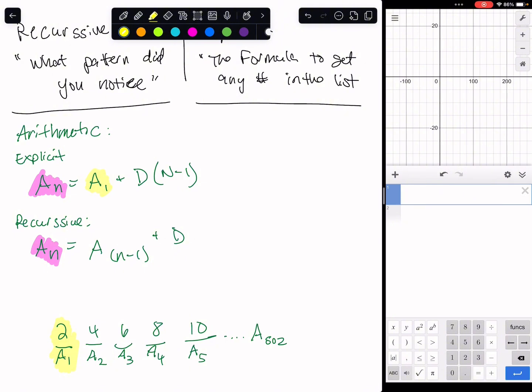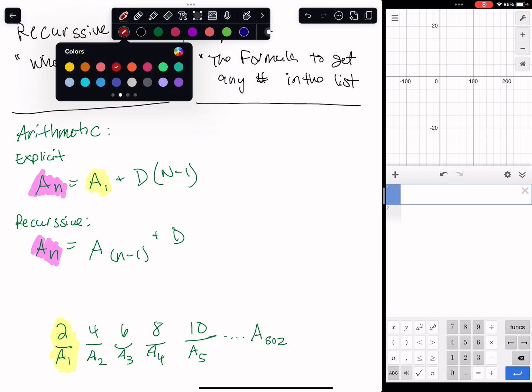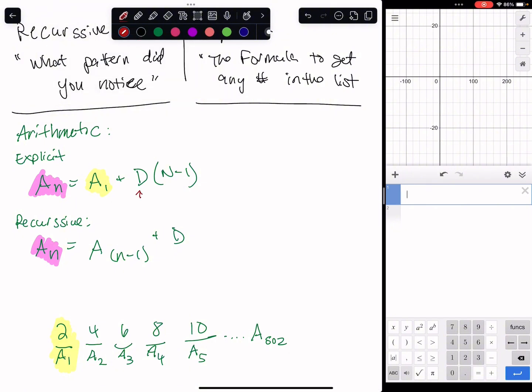Now, d stands for common difference. In other words, what did you add or subtract to every number to get your next number? Right here, plus 2. Right here, plus 2.